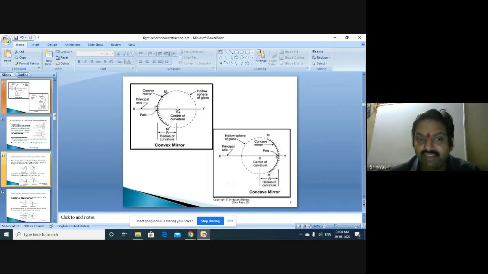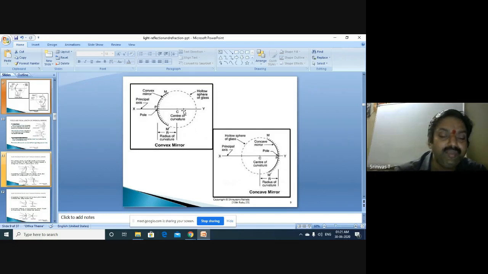Now, the principal axis: you can clearly see that the pole is the geometric center of the convex or concave mirror. Exactly that center is said to be the pole, and the straight line passing through the pole and the center of curvature is the principal axis. The same applies here also.